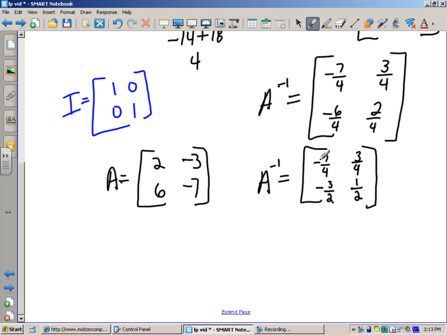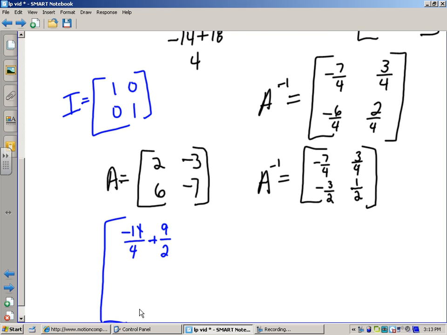We have 2 times negative 7/4, which is negative 14/4, and then that's negative 3, so that's 9/2 plus 9/2, and that's our first element.